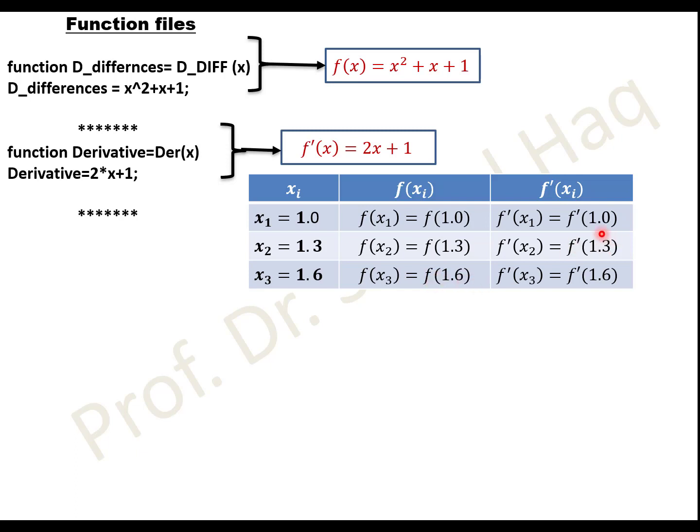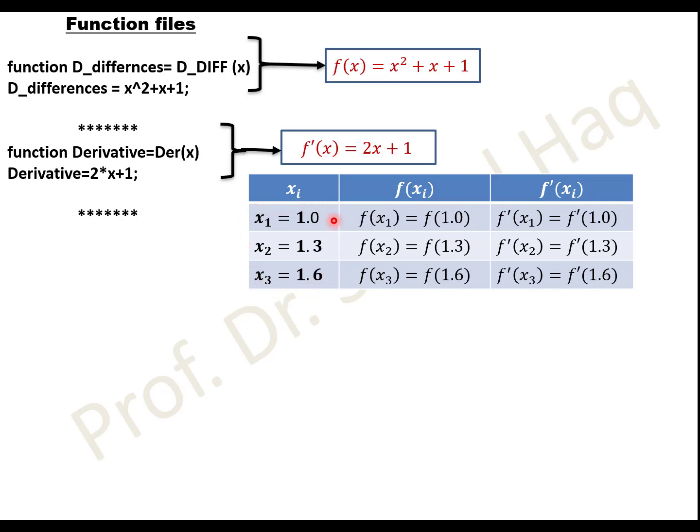And when you send x is equal to 1.0 to this function file, it will give you derivative at 1.0. X is equal to 1.3, it will give you f prime at 1.3. And if you send x is equal to 1.6 to this function file, it will give you value of the derivative of the function at 1.6. This is the target.